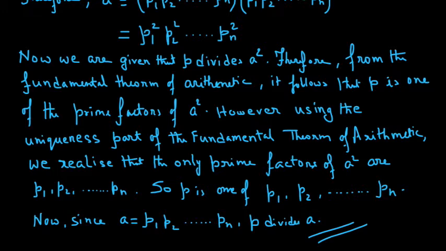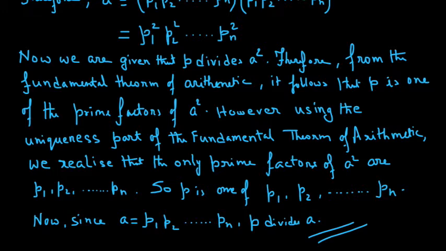So P is one of P1, P2, ..., Pn. It may be P1, it may be P2, or it may be any other factor, or it may be Pn. Now since A is equal to P1 P2 ... Pn, P divides A. Hence it is proved.